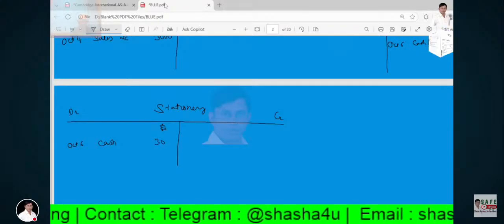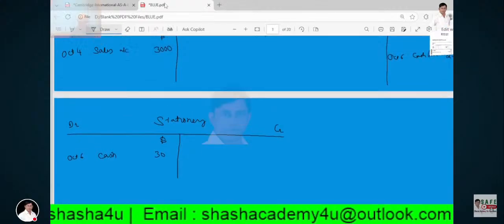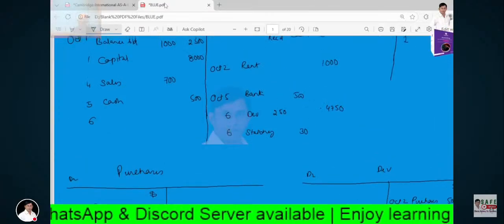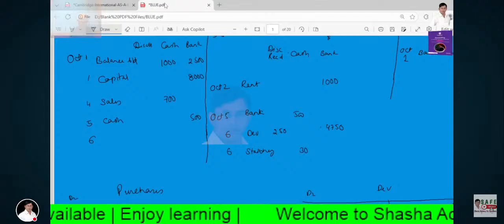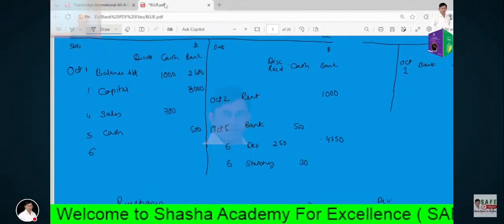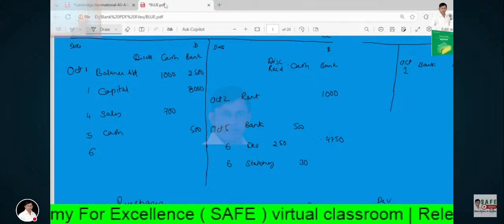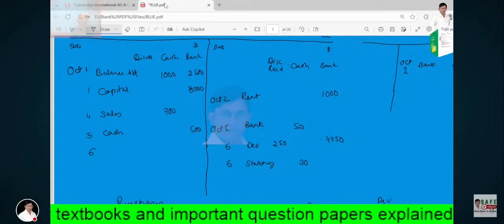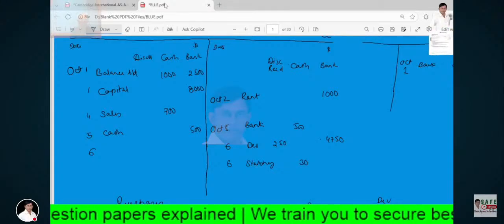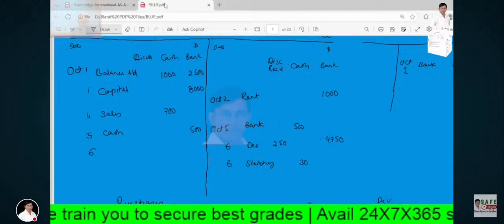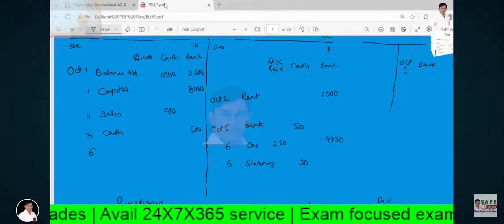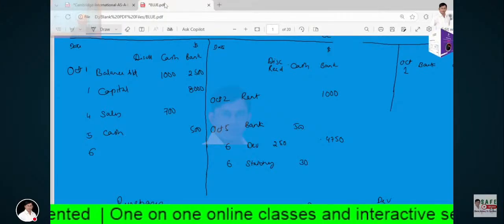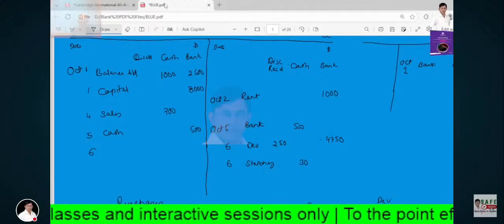Now we have to balance. How do we balance? The most important account here is the cash account. So basically what you have to do is add all this. 2,500 plus 8,000 plus 500 is 9.5 plus 10,000, and on this side it is 1,000 plus 4,750, which is 5,750. You write it down in pencil here.